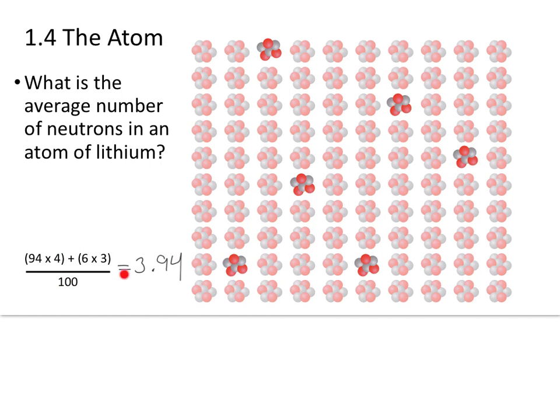Almost every atom has 4 neutrons. All right, that's that number right there. But some bring the average down to 3.94. So if you add 3.94 to the number of protons, that is the red ones, it gives you 6.94, which is the number that we looked at. All right, that 6.94 is a total number of particles inside the nucleus of an atom. If that's a little confusing, that's okay. We're not going to dwell on that too much, but I just want you to know where that comes from.